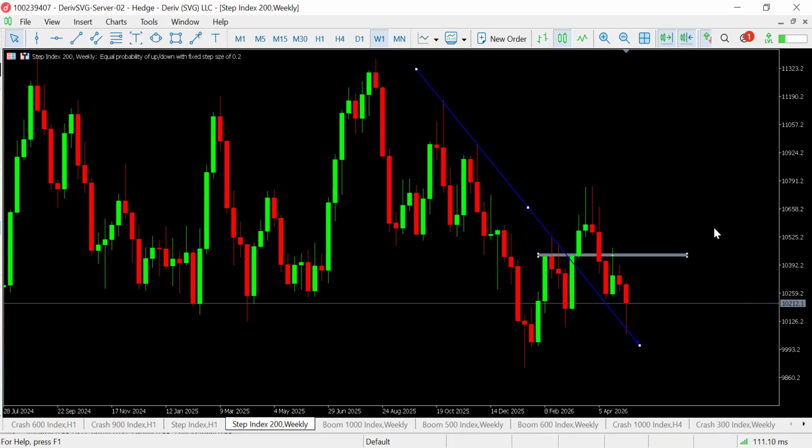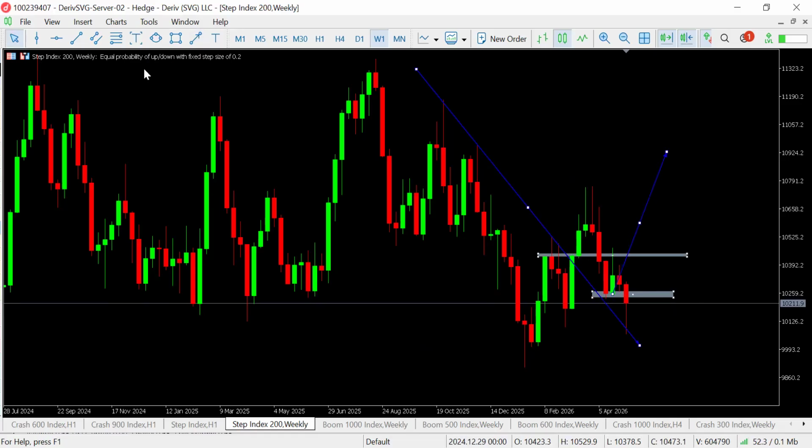So price gave us a new high, came back down to retest this, tried to retest the trend line, tried to pull up, and then ended up breaking beneath the higher low. So what do I mean? This was supposed to be a higher high. So this would have been a higher low, and then it was supposed to continue upwards.